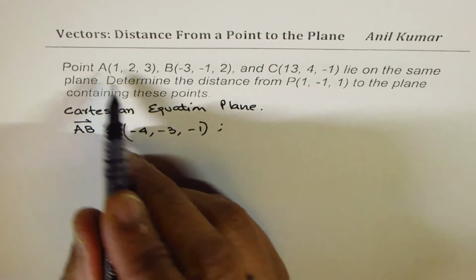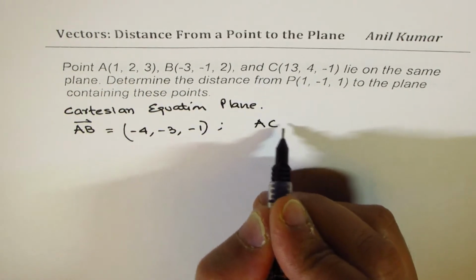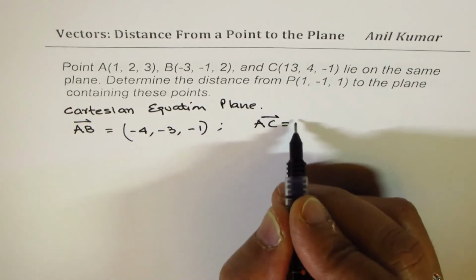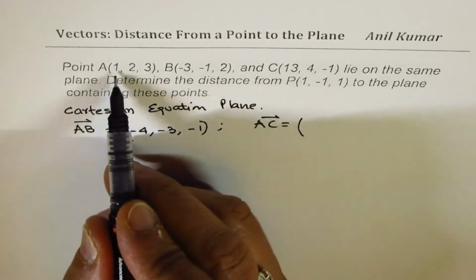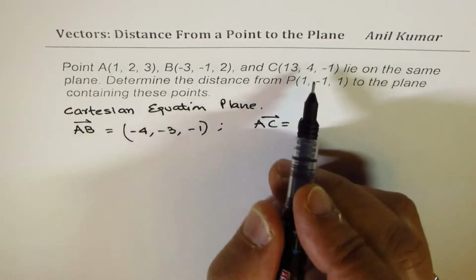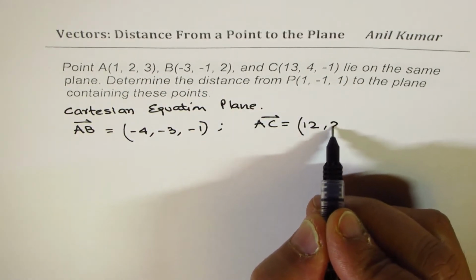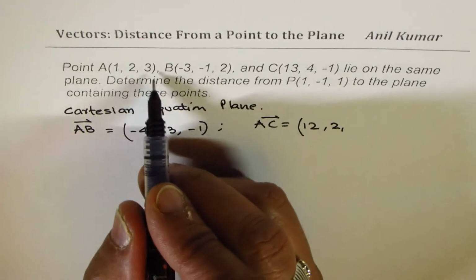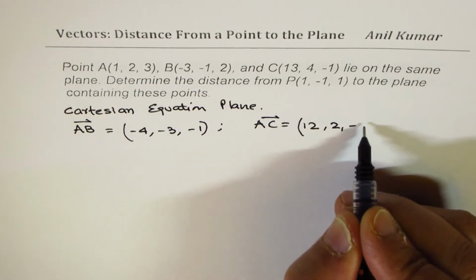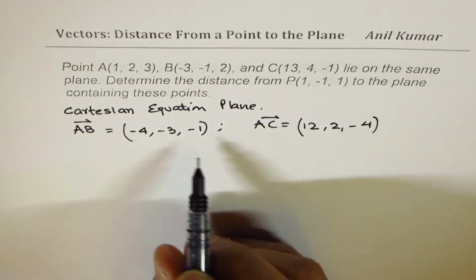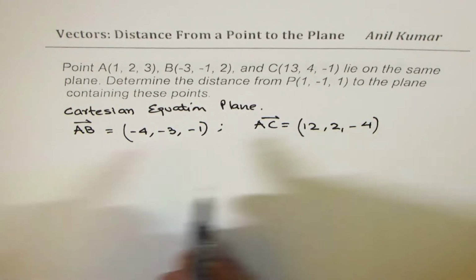We can also calculate AC. So AC could be given as 13 minus 1, which is 12, 4 minus 2, which is 2, and -1 take away 3 will be -4. So these are the direction vectors.